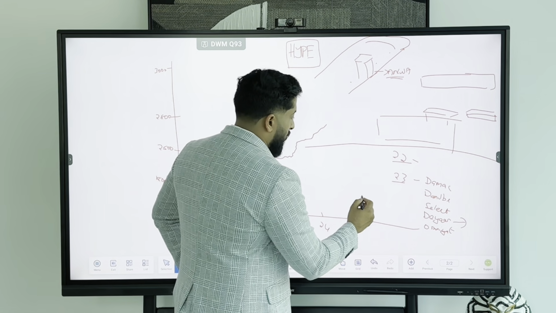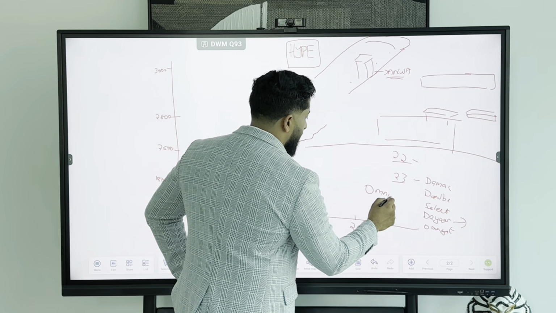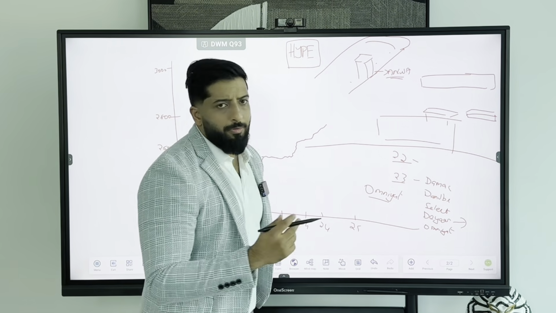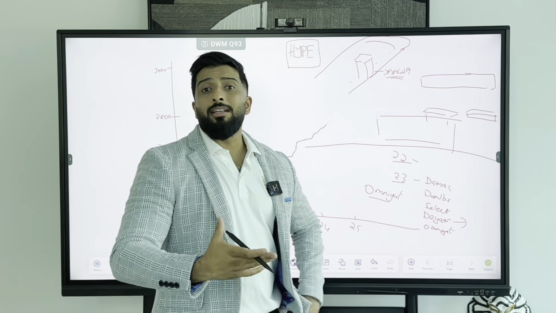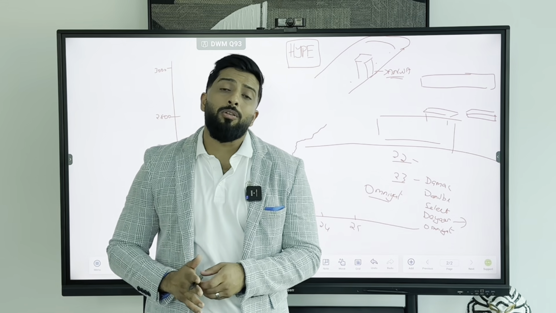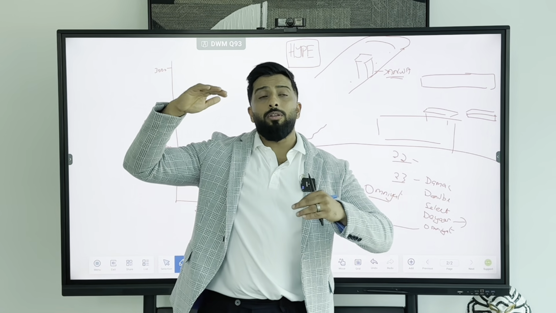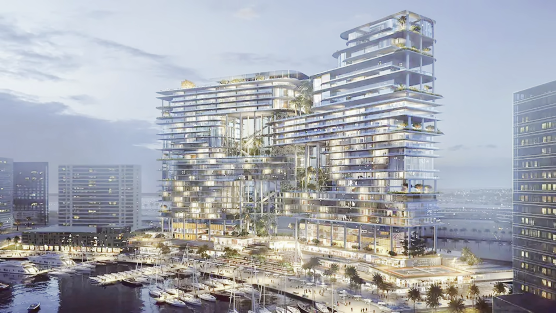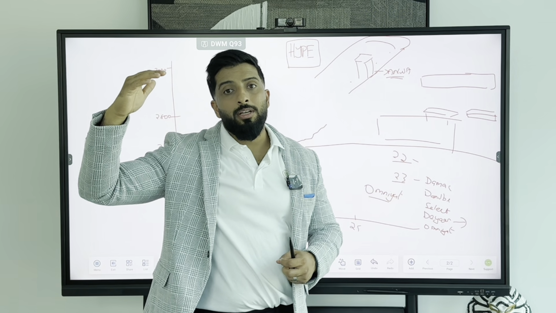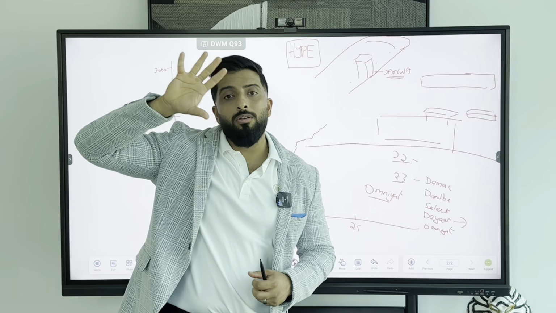That is by Omniyat. So news came into the market. It's not official yet, but news came to the market that Omniyat has made a new division called Brand X, where the premium brands of Omniyat, that's a Dorchester Collection, where there's a 2-bed selling at 30 million dirhams. That's a separate ultra luxury brand.